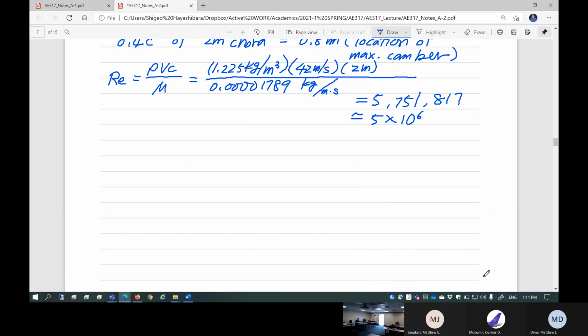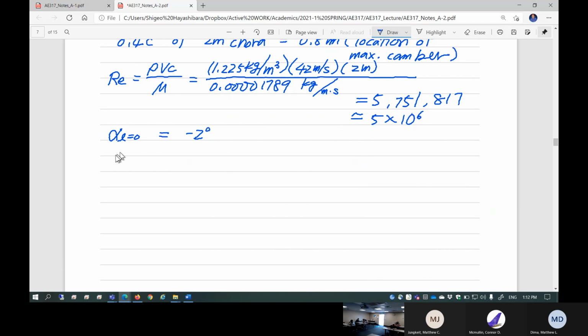Under this Reynolds number, alpha zero lift, what is it? Minus 2. Yeah, okay, I'll take that.